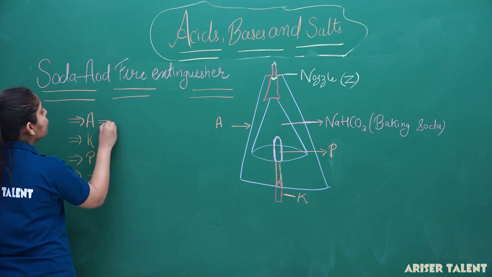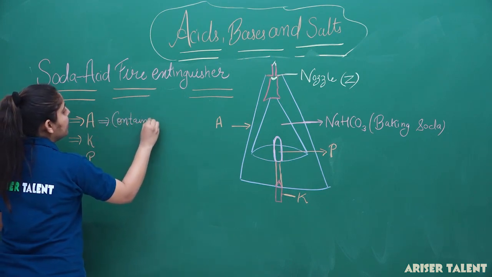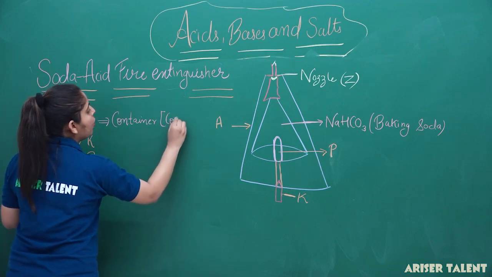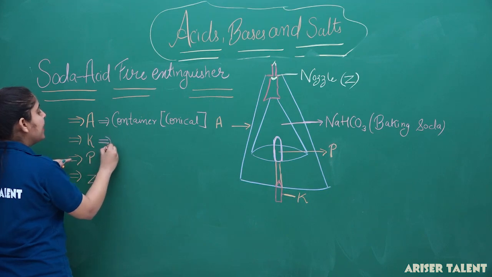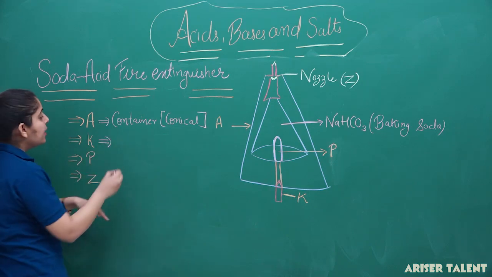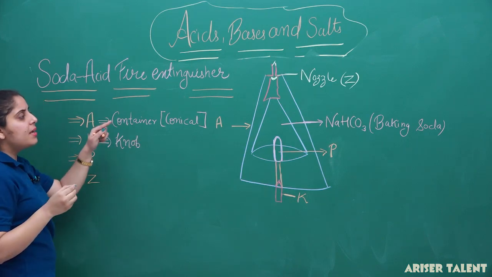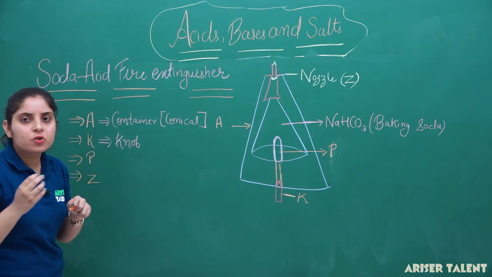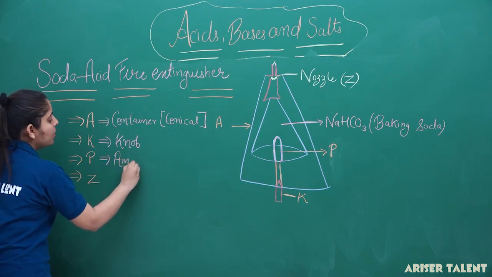The A stands for the container. This container is in conical shape. Now after this metallic cylinder we have taken a K. K stands for knob. This is the knob which when pressed, carbon dioxide can easily rush out from it. Next is P. P is ampoule.